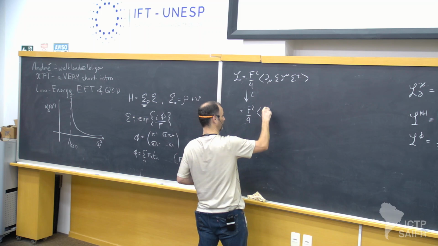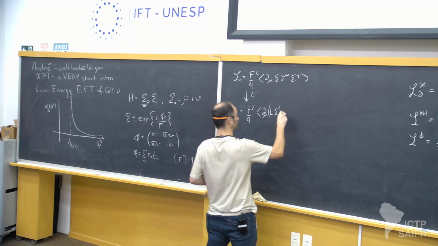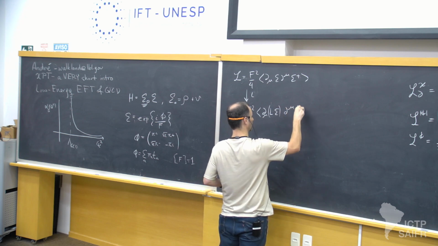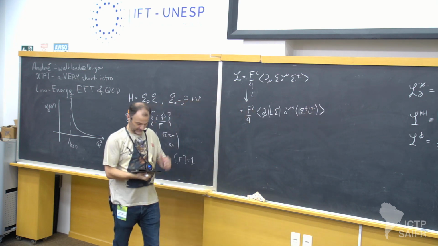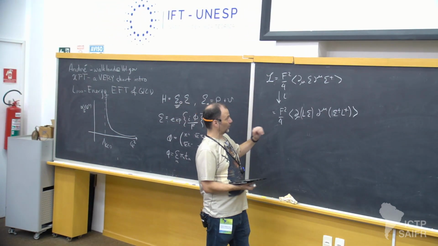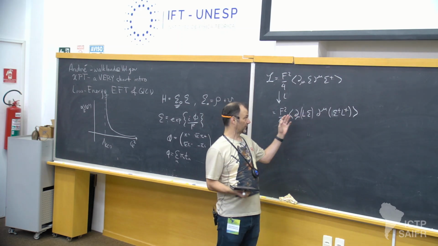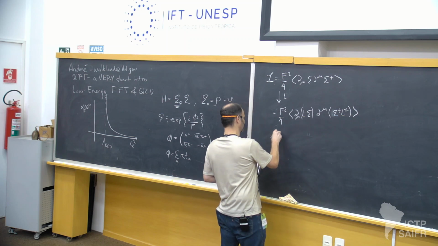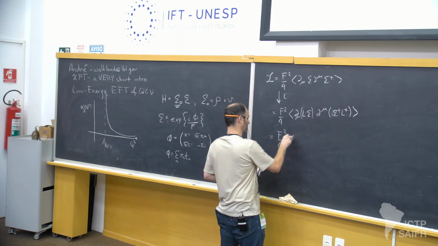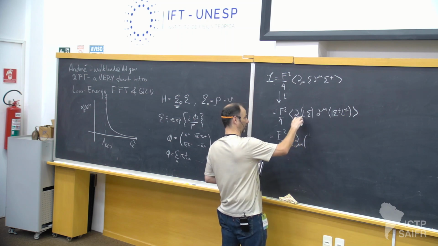Remember, sigma goes to L sigma R dagger, but I set R to 0. And then if you recall, the trick is you pretend for a moment that the transformation actually does depend on space-time, so the derivative will act on the transformation. We can ignore the one.